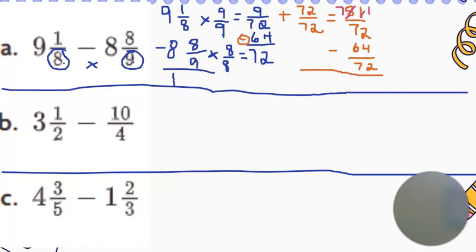And then we say 11 minus 4, well, that equals 7. And 7 minus 6, that equals 1. And then we'll write our denominator, which is 72. And I'll rewrite that on the side. So our final answer is 17 over 72.